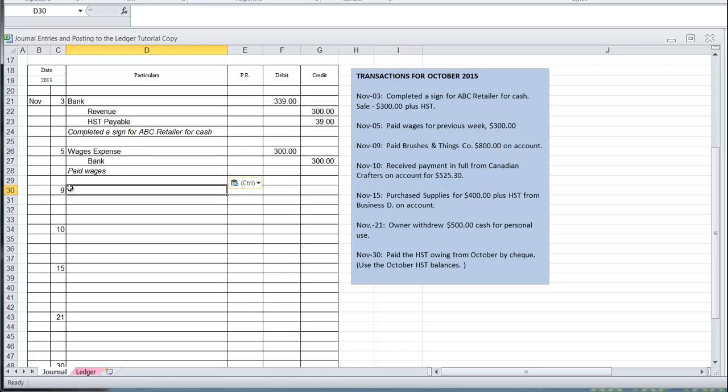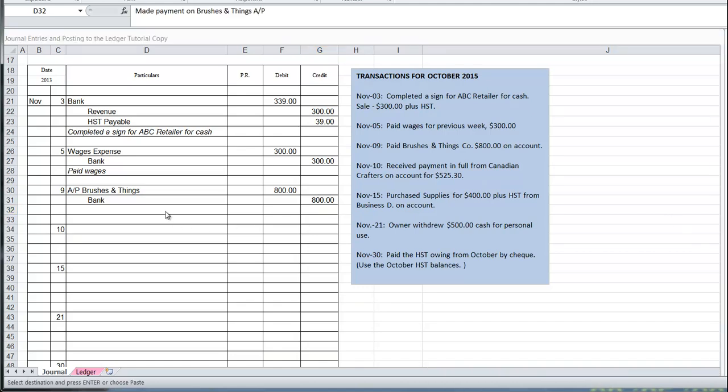And so we would have an entry something like account payable, Brushes and Things, and so we're paying off this $800, and of course it would have to come out of our bank account if we're actually paying it. So that's why there would be a credit of $800 to the bank account. And then we need a particular, and it might be something like made a payment on that account payable.